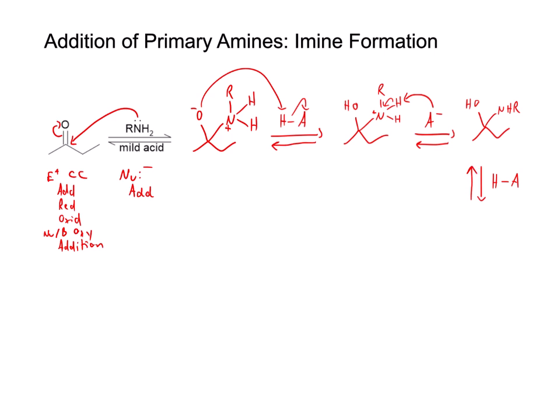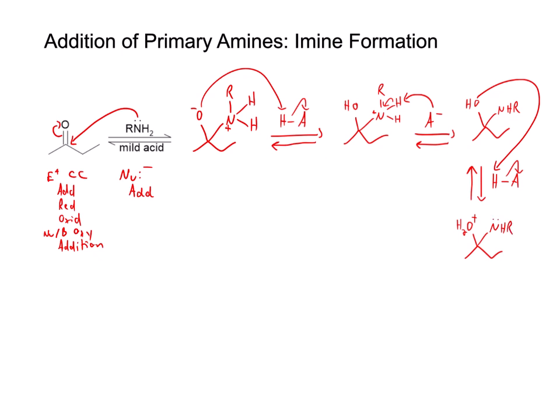So in the forward direction, we're going to take this lone pair on the oxygen, and we're going to attack the hydrogen on our mild acid, and that's going to turn this into an OH2+, which of course is a great leaving group, and we still have this NHR, and I'm going to draw in the lone pair for a reason.